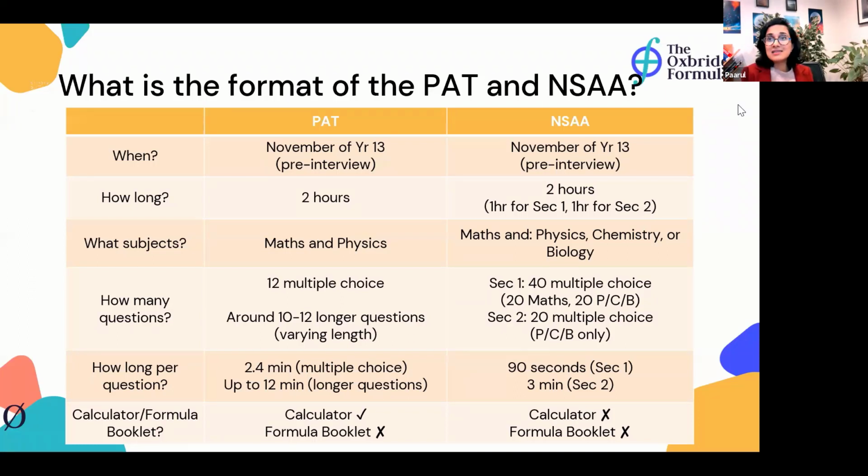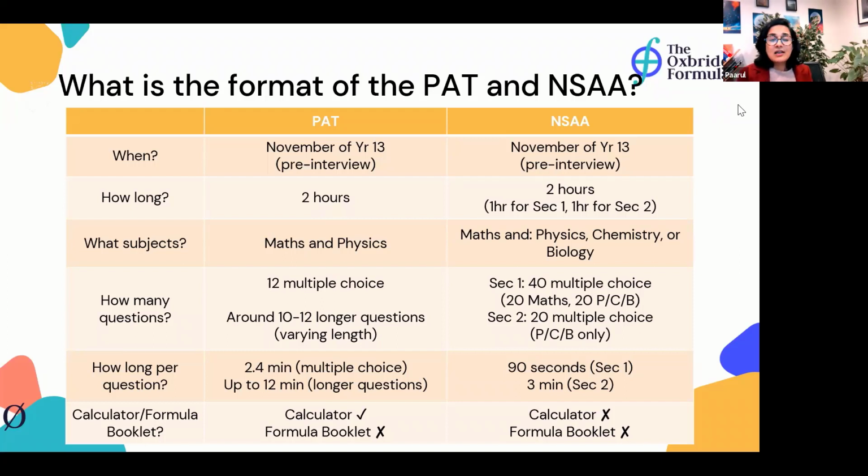The PAT tests you on maths and physics, and the NSAA tests you on maths, physics, chemistry, and biology. However, when you do the exam, you have to pick one of the sciences. We assume most people here, because you're in an Oxbridge physics webinar, will be doing physics, and this webinar is going to focus on the physics aspect.